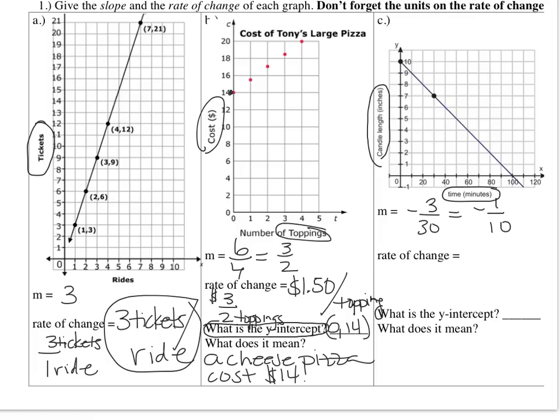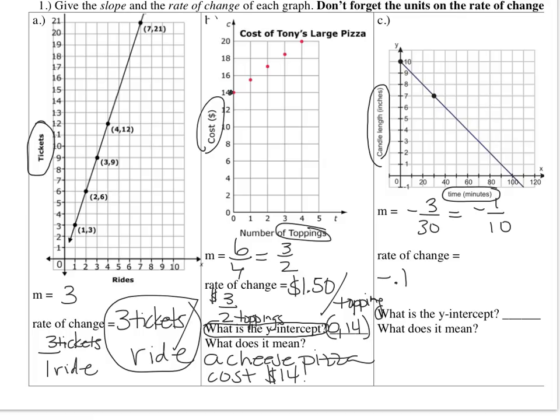But with rate of change, we want to say inches per minute. Well, we're not actually losing anything every minute. We're losing 1/10 of an inch every minute. If you divide -1 divided by 10, you would get -0.1, which you could say is just 1/10.